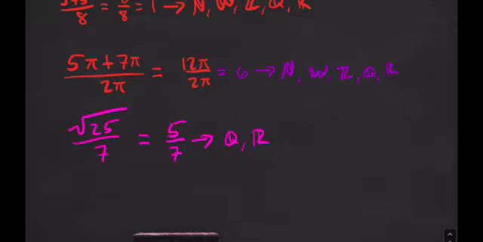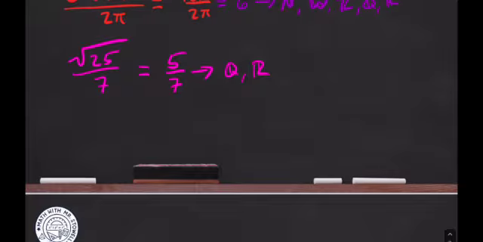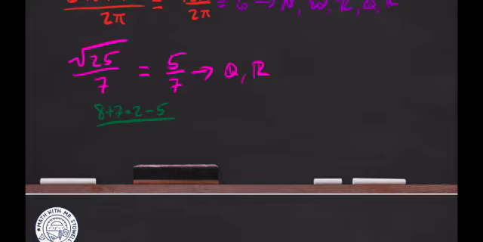So let's do one more of these. Let's do one that looks like the following. Let's say we have 8 plus 7 times 2 minus 5 divided by 10.